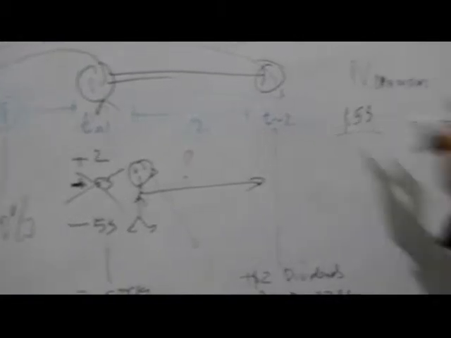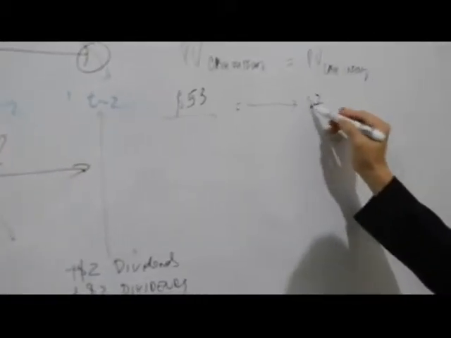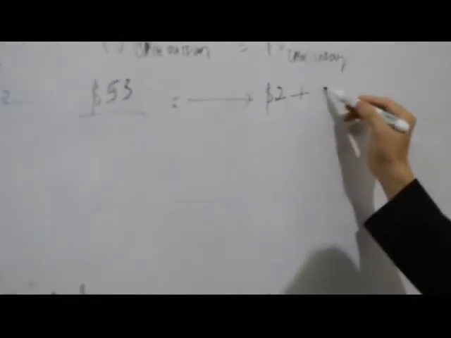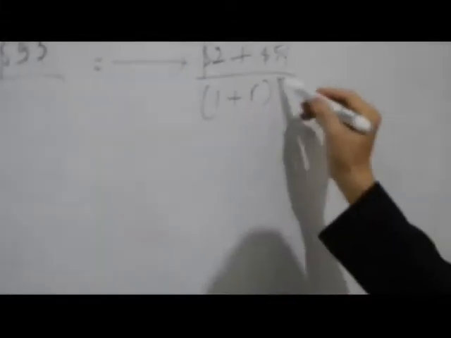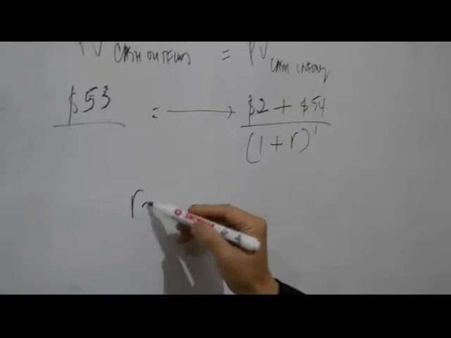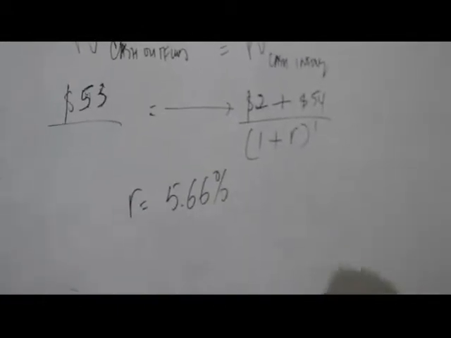Okay, so 53, and then your cash inflows is the same, $2 from your dividend plus 54, the market price of your stock. So if you put your discount rate only one, because you just focus on one period, then your R is 5.66%.